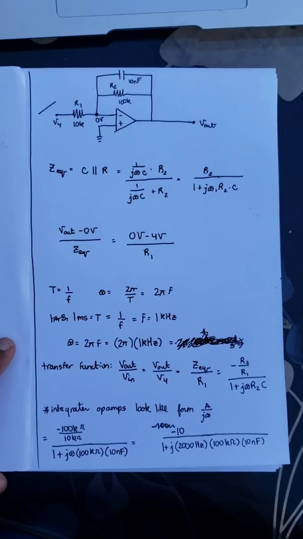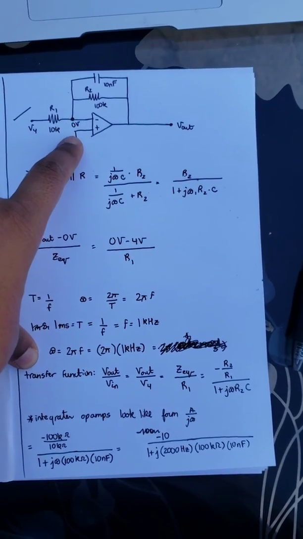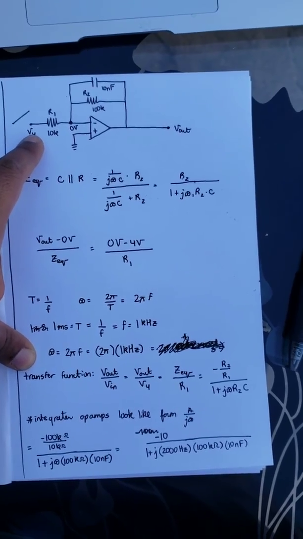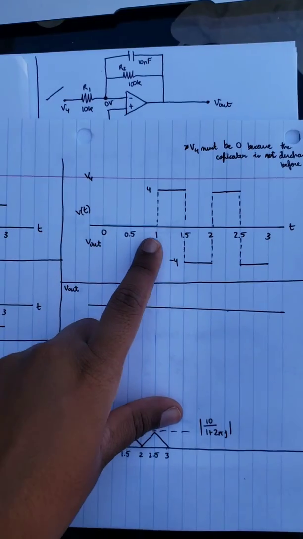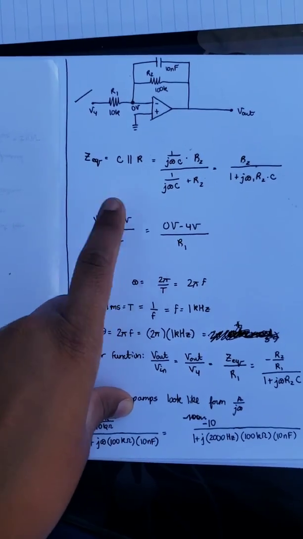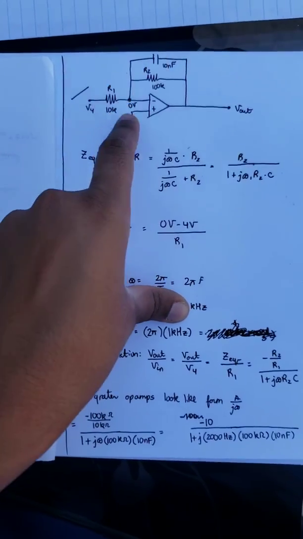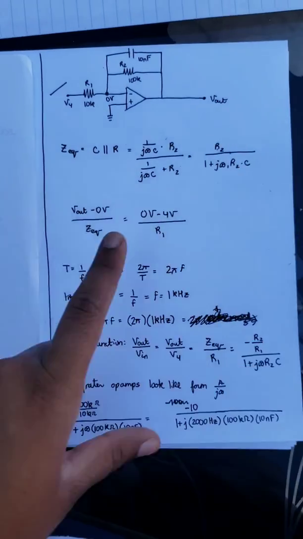We also know that there needs to exist a current across here. So we have 0 volts here, and we have 4 volts for when t equals 1 to 1.5 milliseconds. And we also know that that's equivalent to V out minus 0 volts over our Z equivalent that we just calculated above.